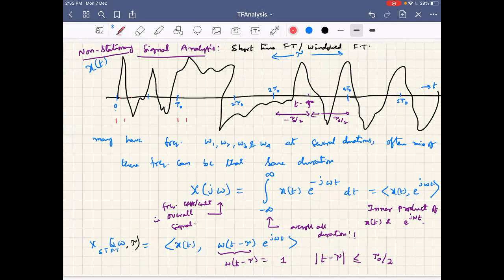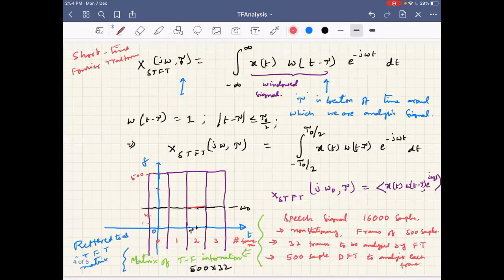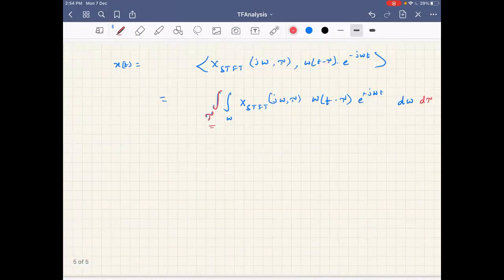However, normal practice is to have discrete windows, and hence tau is often a discrete variable. In that case, you can use summation to get x of t back.